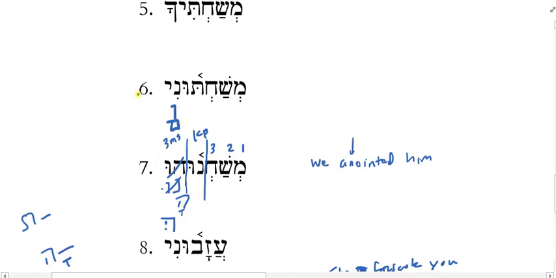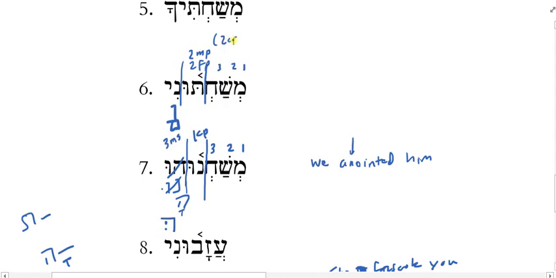Okay, look at number 6, just to change up the personal ending. Mashachtuni. Sounds like a tuna commercial. There's my 3 root letters, mashach. Okay, and then I have tu and ni. So tu is which personal ending in the perfect? 2MP or 2FP? Is it normally tu for the 2MP, 2FP? It's not, is it? It's modified to add a pronominal suffix.